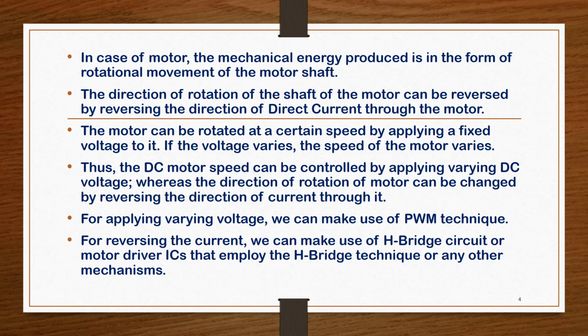For applying varying voltage, we can make use of the PWM technique. This is where PWM comes into the picture. For reversing the current, we can make use of an H-bridge circuit or motor driver ICs that employ the H-bridge technique or any other mechanism. Now, in general, the motion is clockwise or counterclockwise, and the H-bridge control of a DC motor can be carried out with simple switches.